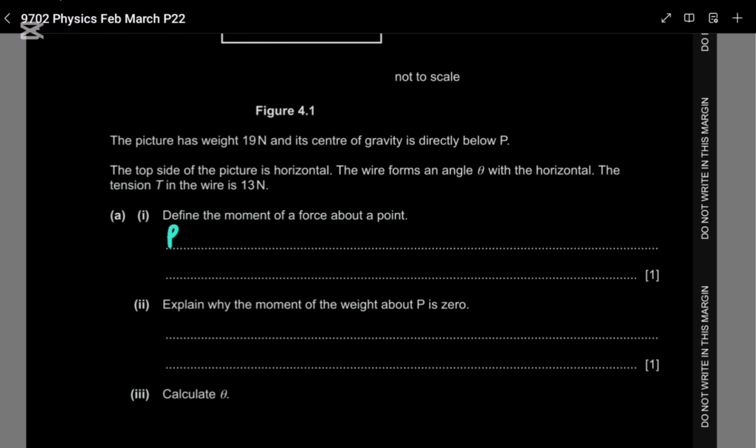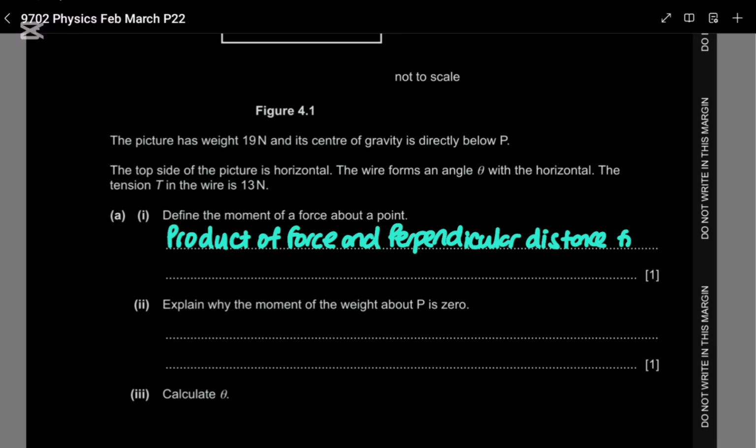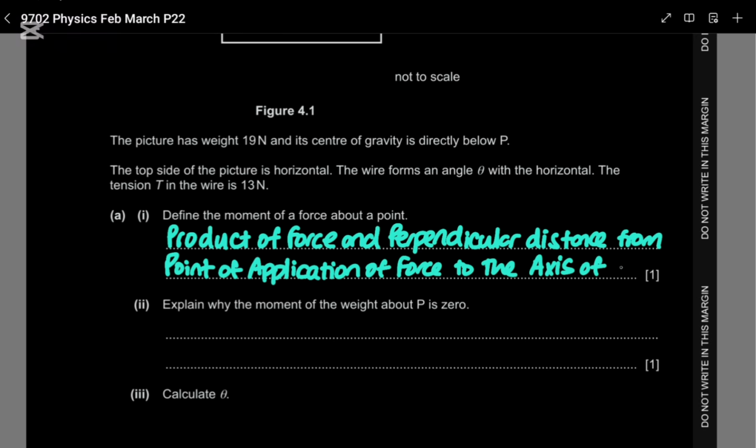It is the product of force and perpendicular distance from the point of application of the force to the pivot or axis of rotation.